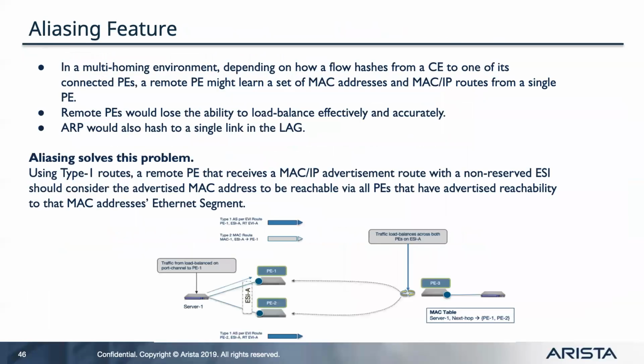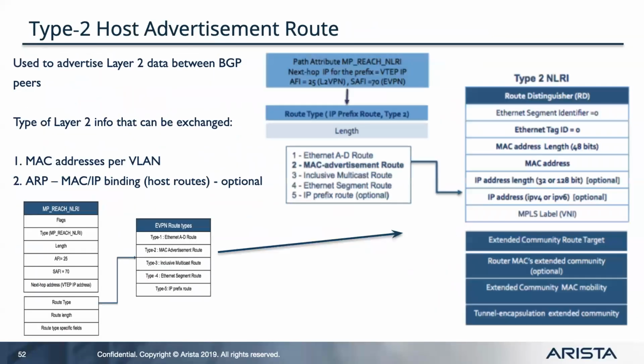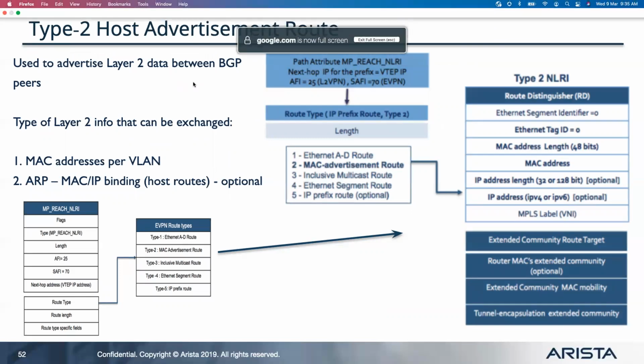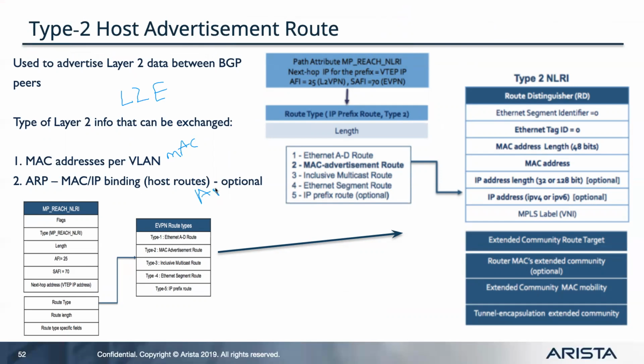So let's first go to type 2 and then we'll come back to type 1 and the others. Type 2 is the advertisement for L2 EVPN. What information will we advertise? MAC address and ARP.